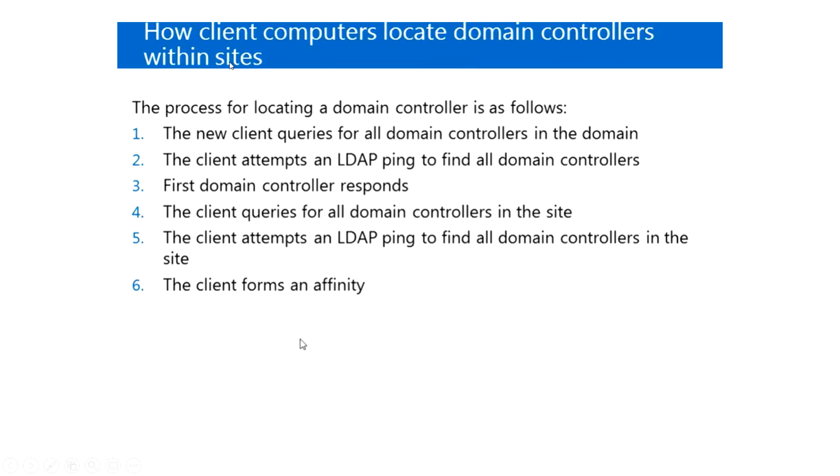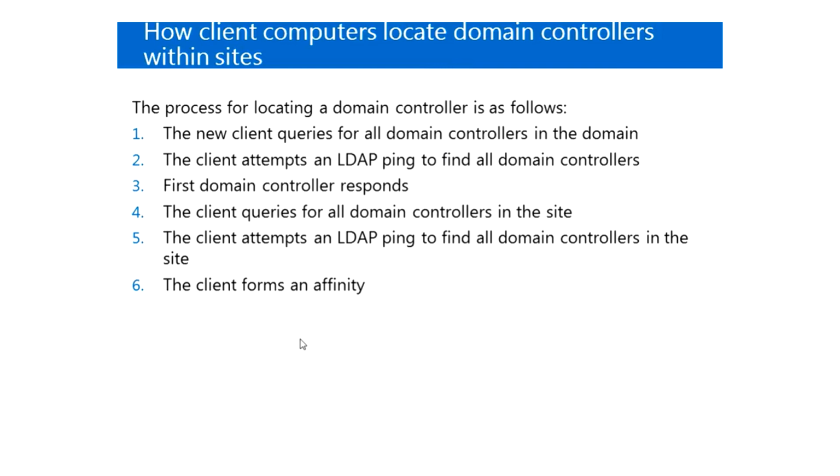Okay, so next, how the client computers locate the domain controller within sites. The process for locating the domain controller is as follows. The new client queries for all the domain controllers in the domain. Basically, the computer properties will have the DNS configured.